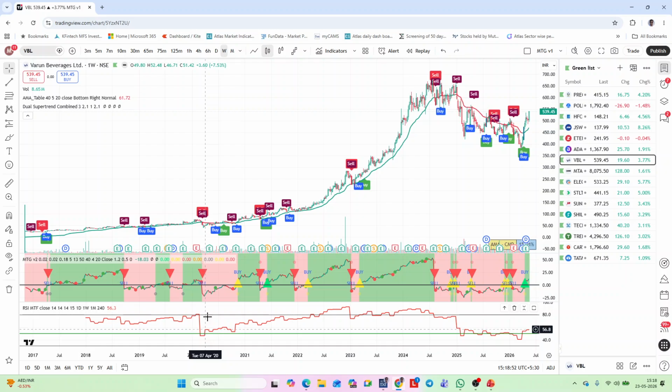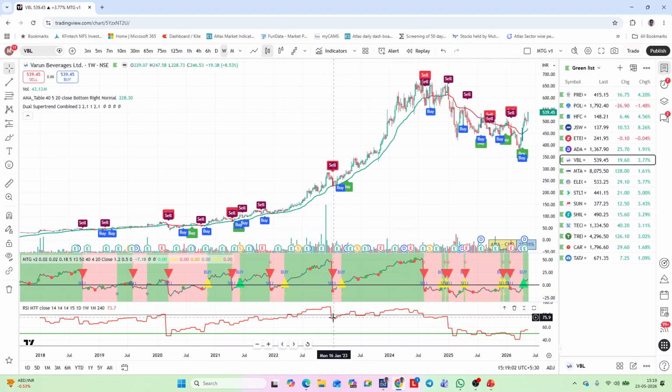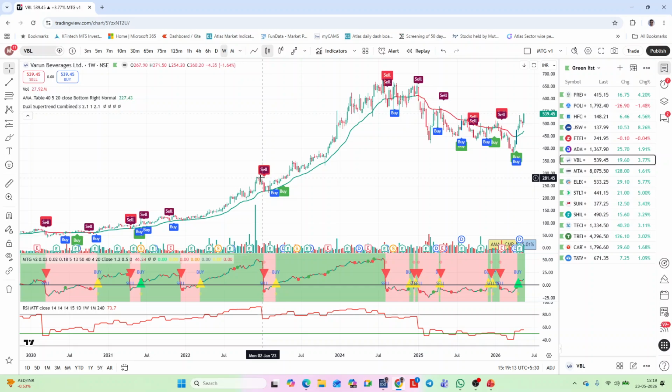So from here, which is basically April 20, till here, Jan 23, almost 1.5 years, stage 2 was going on. Here the sell came, but still it is not a sell signal. I will explain the sell signal.